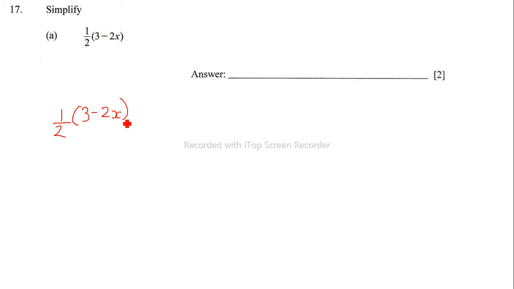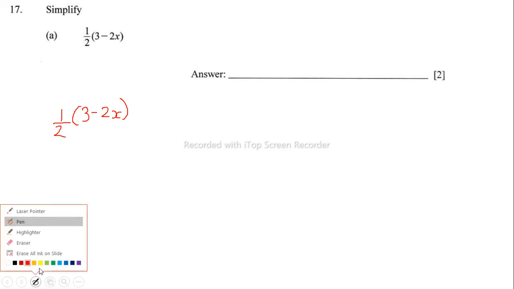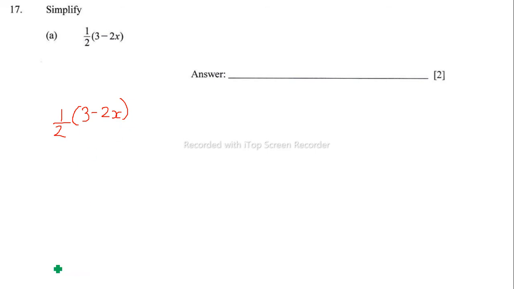First thing we're going to do here is what? Can someone tell me? Multiply everything in the bracket by 1/2. Very good. The reason is that we can't do anything with this bracket: 3 and 2x are unlike terms.